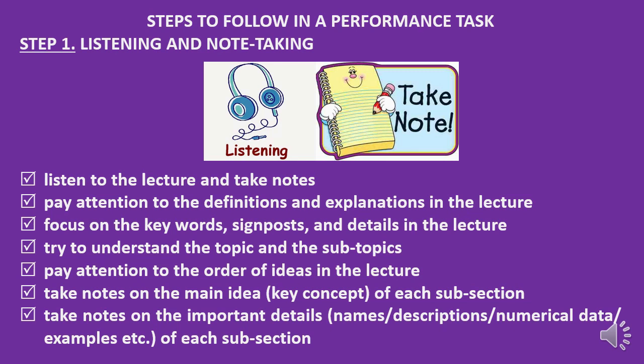Try to understand the topic and the subtopics. Pay attention to the order of ideas in the lecture. Take notes on the main idea of each subsection. And take notes on the important details, such as names, descriptions, numerical data, and examples of each subsection.